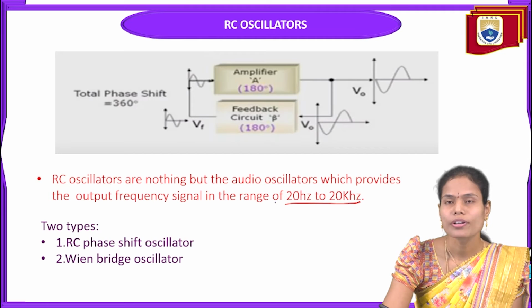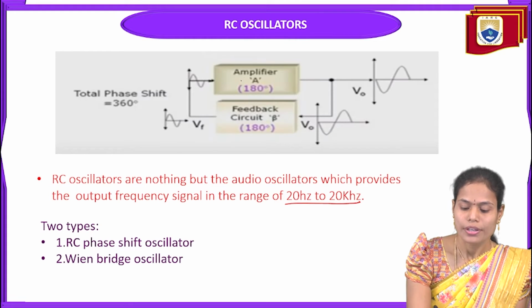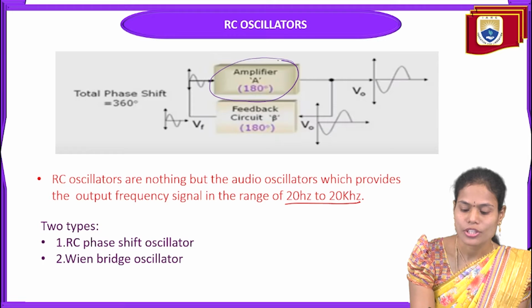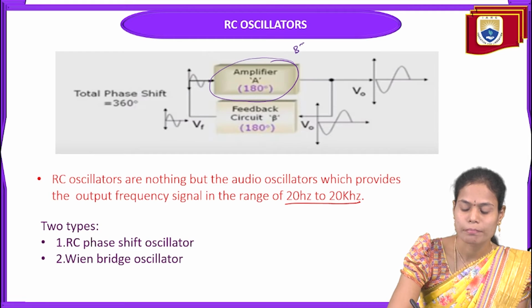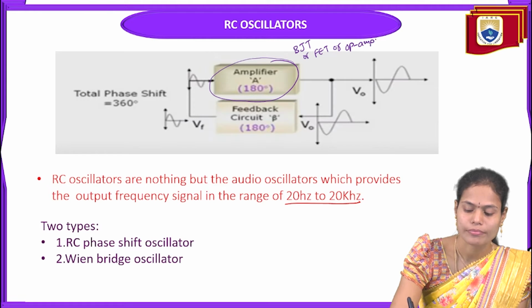In order to design this RC oscillator circuit, we require one amplifier circuit as well as one feedback network. Here the amplifier circuit can be a BJT, FET or operational amplifier.